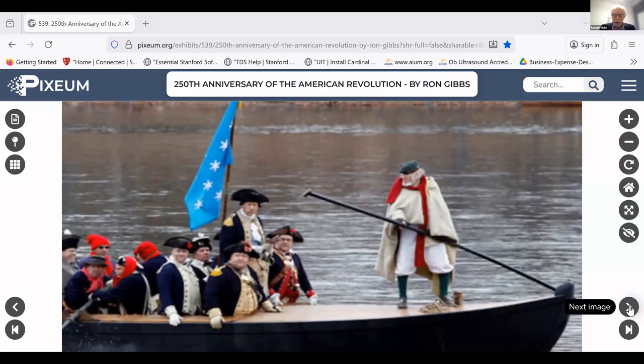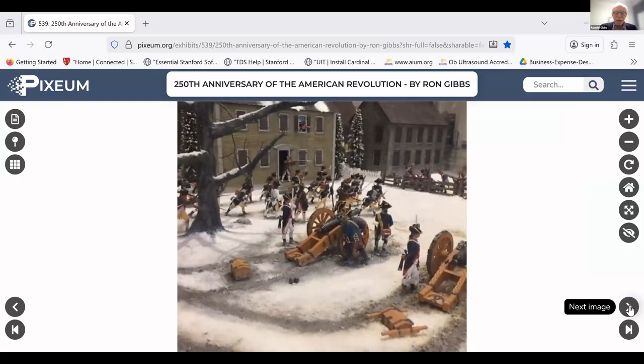Now, the next slide is from the Museum of the American Revolution. This is a diorama showing the American forces moving into position in their attack, their very quick successful victory at Trenton. And if you haven't been to the Museum of the American Revolution, I definitely recommend that you make the trip. Next slide, please.